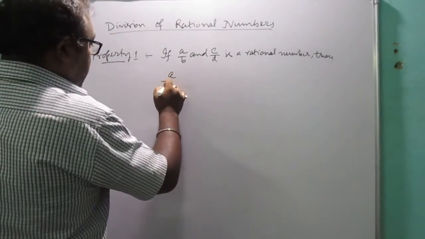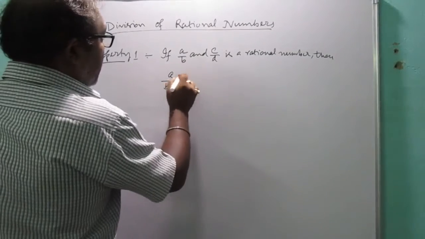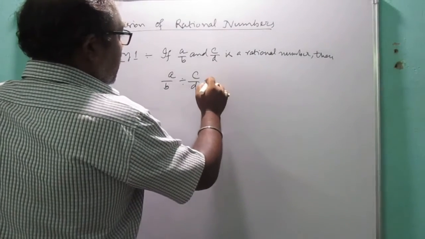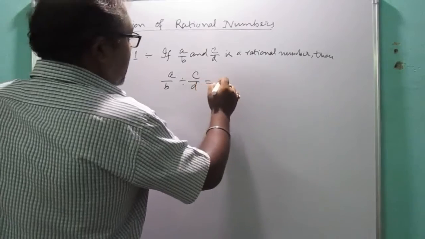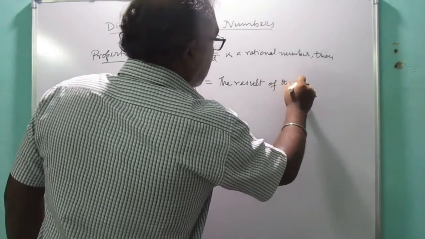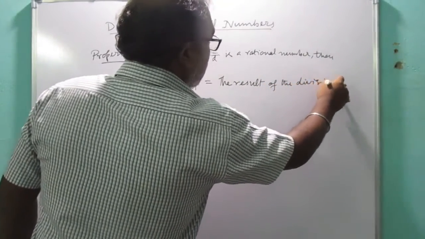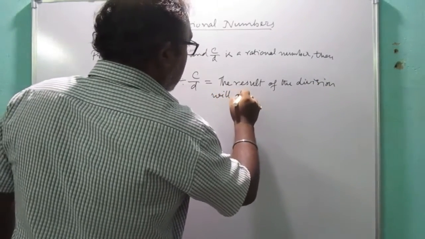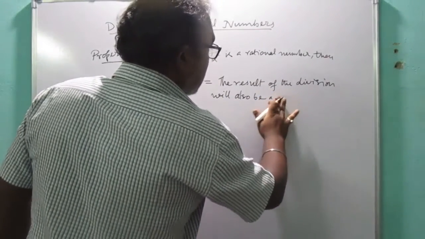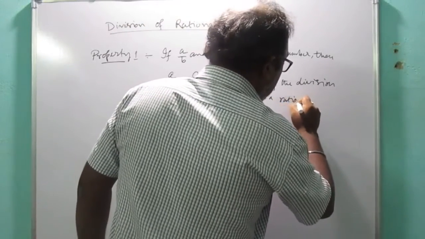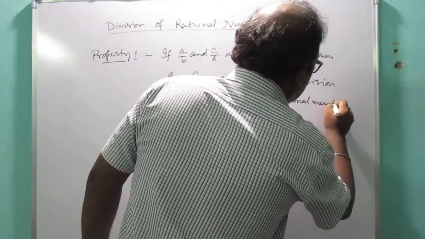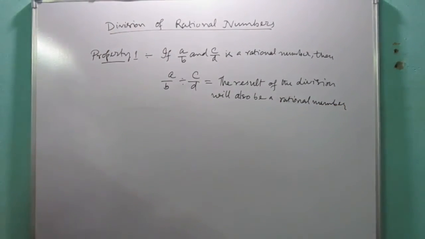The division of the two rational numbers, that is A by B divided by C by D, whatever the result will be, the result of the division will also be a rational number. Okay, so this is the closure property.